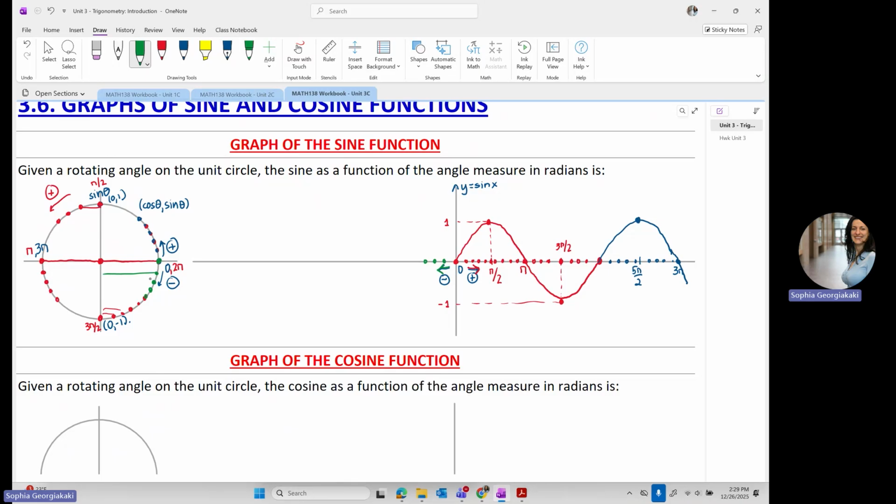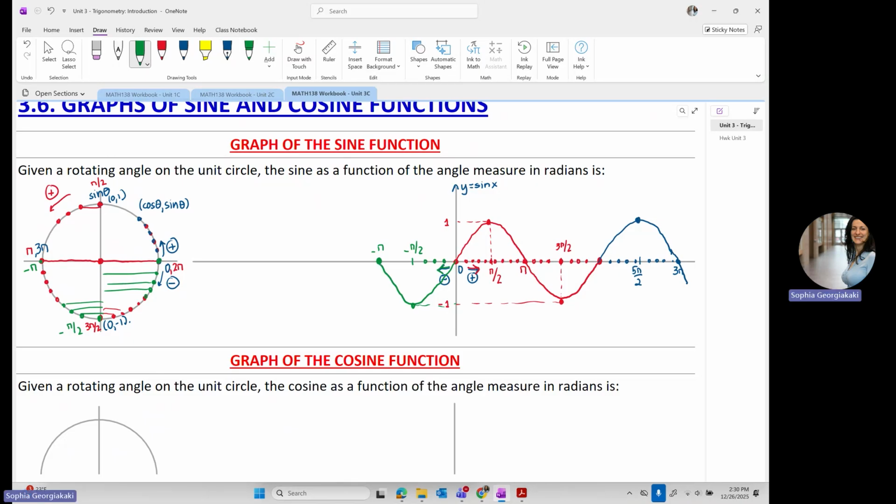My sine is negative until I hit negative pi over 2. That will be -1. And then when I continue, my sine will be negative, but it will be increasing until I hit negative pi. That will be 0. So at negative pi over 2, I will be at -1, and then at negative pi, I will be at 0. So my graph will go like this.